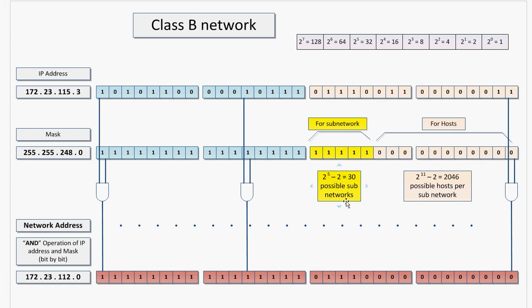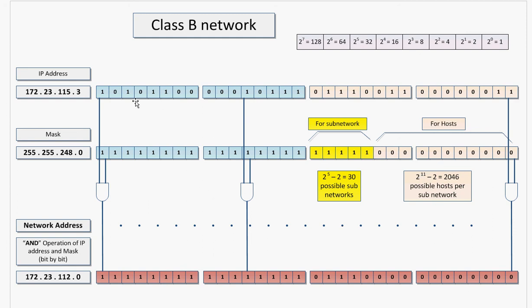The number of possible networks can be 2 raised to 5 minus 2, and the possible hosts can be 2 raised to 11 minus 2, that is 2046. That many subnets you can create, and that many hosts per subnet.